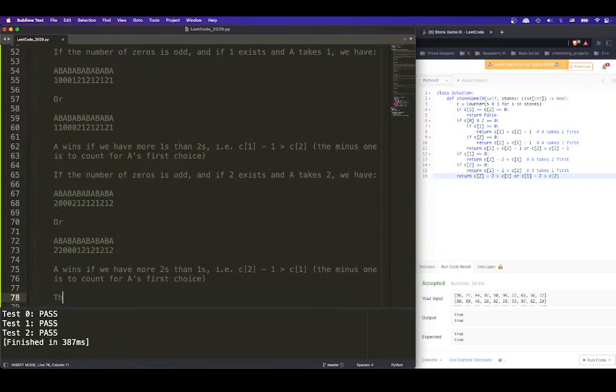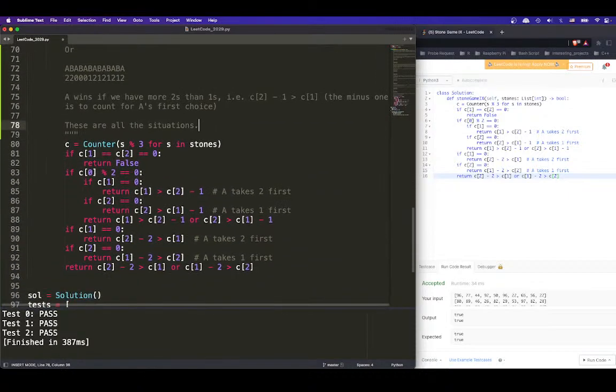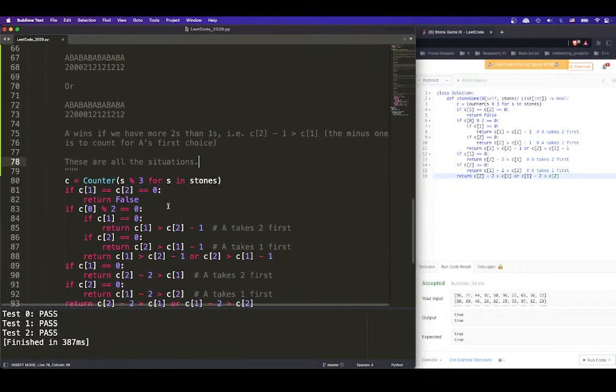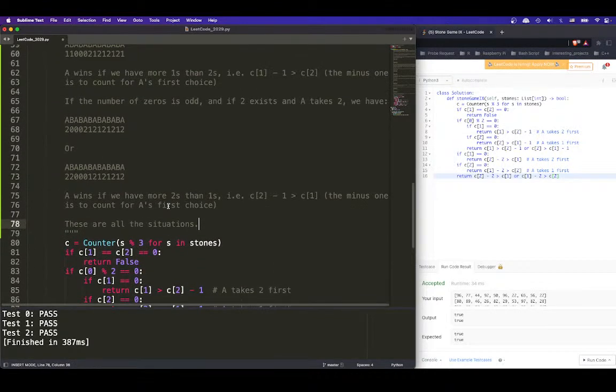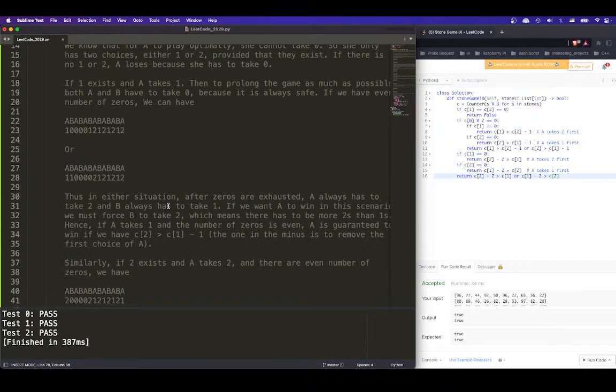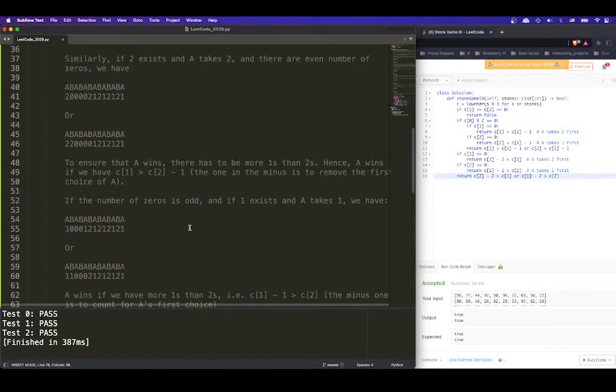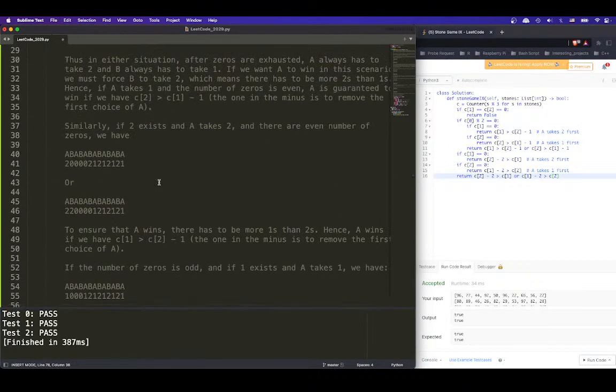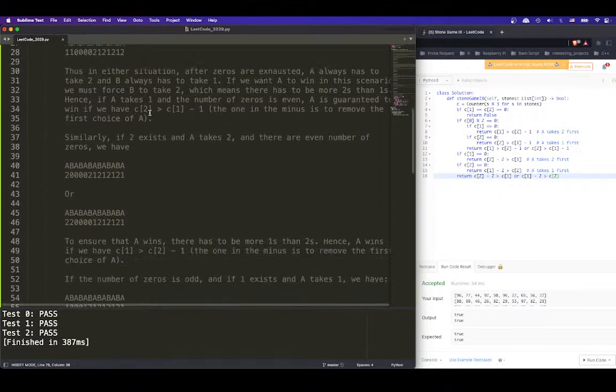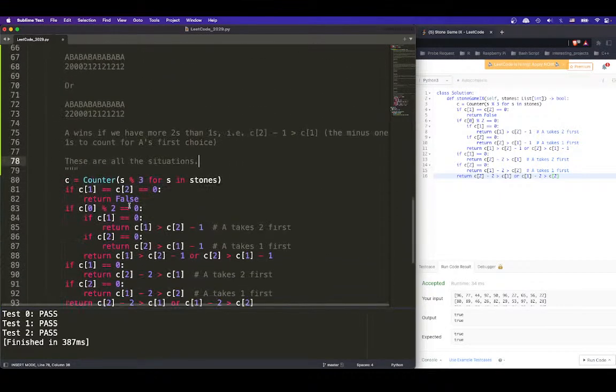Okay, these are all the situations. So we do this, right? If it's even, then we say A wins if C2 is larger than C1 minus 1. If we have 2 and A takes 2, then C1 larger than C2 minus 1.